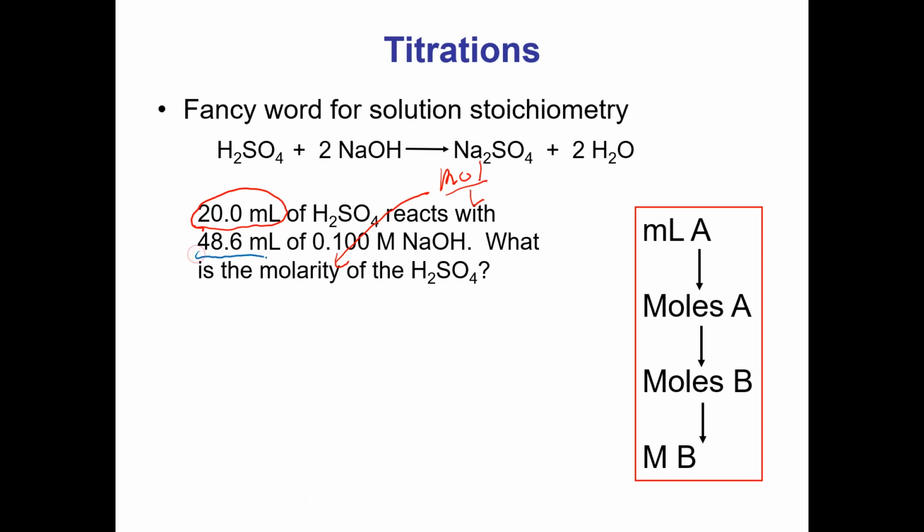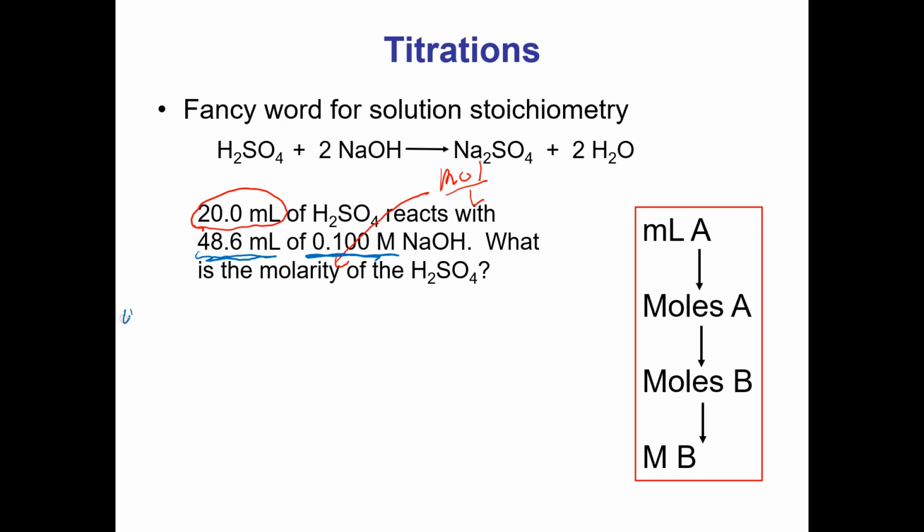You start with the one that you know the volume and concentration of, and you work towards the one that you don't know something about. So we're going to start with the 48.6 milliliters of 0.100 molar sodium hydroxide, and we're going to use that to figure out how many moles of sulfuric acid we have.